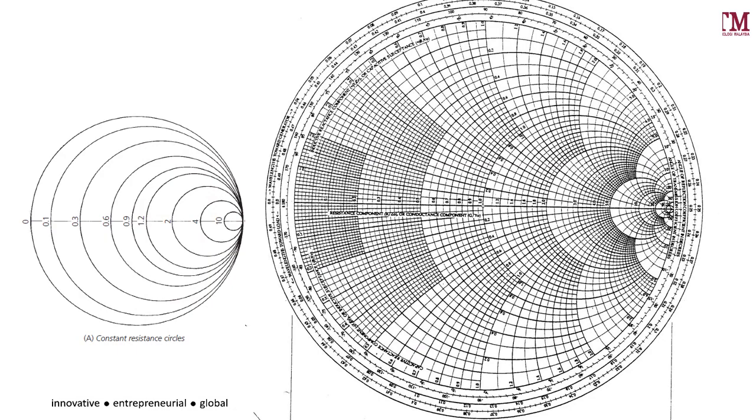Okay, let's look at the components included on a Smith chart. The first one is the circular lines. That's basically representing the resistance circle, or the normalized resistance.